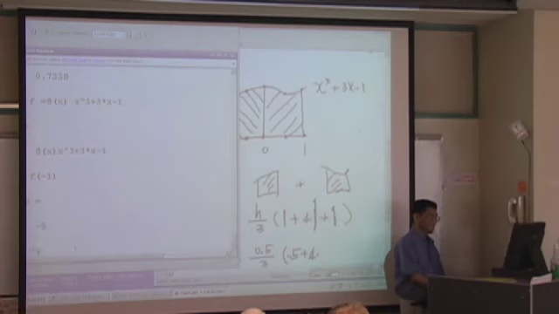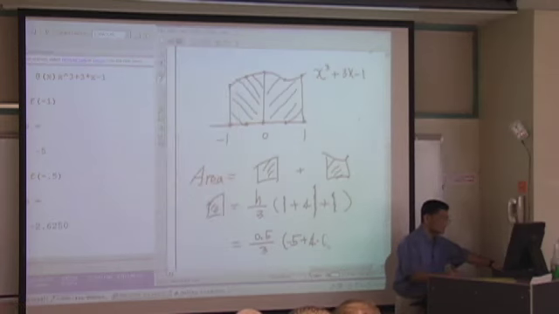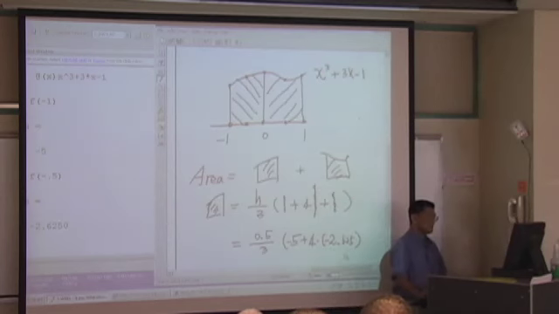F of negative 0.5 equals this one, right? 4 times 2.625, right? And then f of 0.